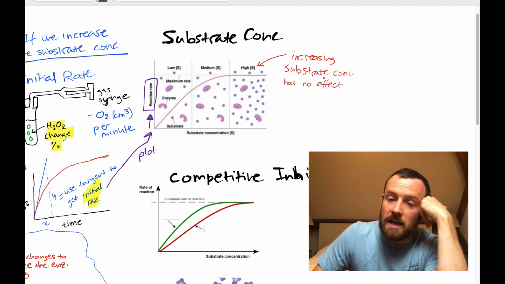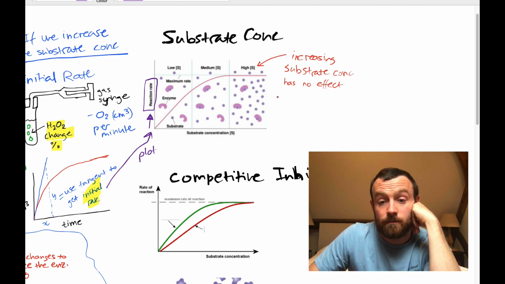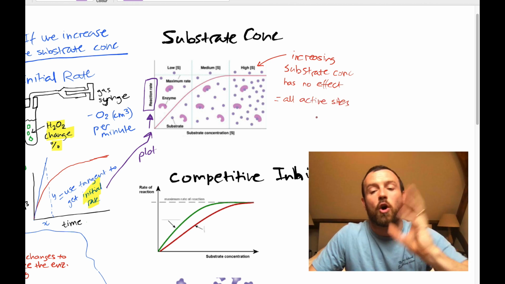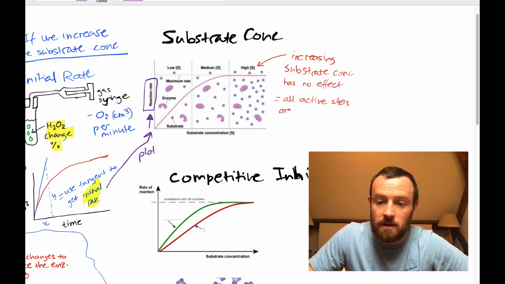Okay, so that is because all of the active sites are full. We should say occupied, actually. All of the active sites of the enzymes are occupied.